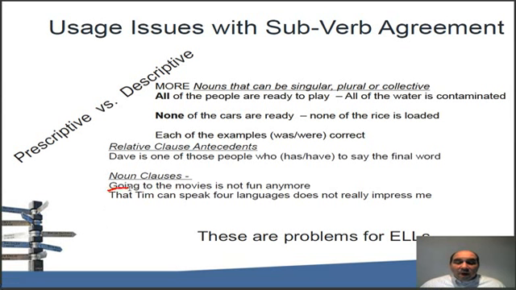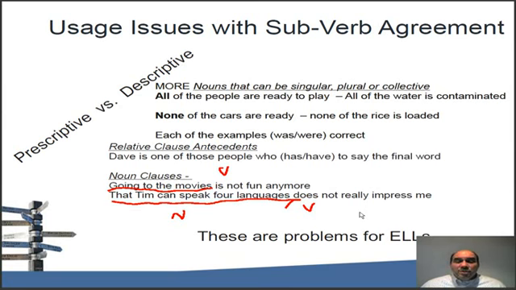So here we have "going to the movies." That's a noun clause, right? "That Tim can speak 4 languages" is a noun clause. Each of these is a noun in the sentence. Here's the subject. Here's the verb for this one, right? And these are usually singular.